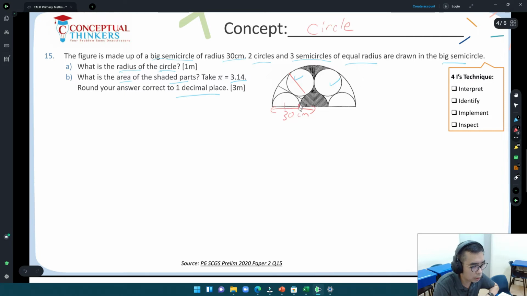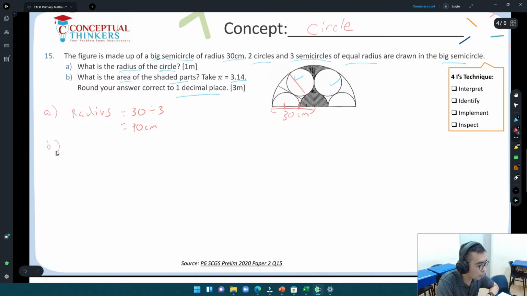Which means this 30 cm is broken up into 3 equal parts. Now for part A, to get the radius of the circle, this will be equal to 30 divided by 3. So I will get 10 cm. It's actually 1 mark, so it's very simple.